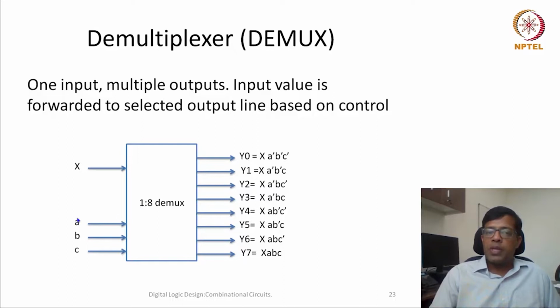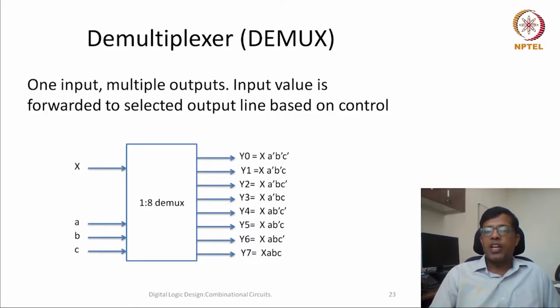Because ABC is 0 0 0, this control signal becomes 1. So if x is 0, Y0 would be 0. If x is 1, then Y0 will also be 1.